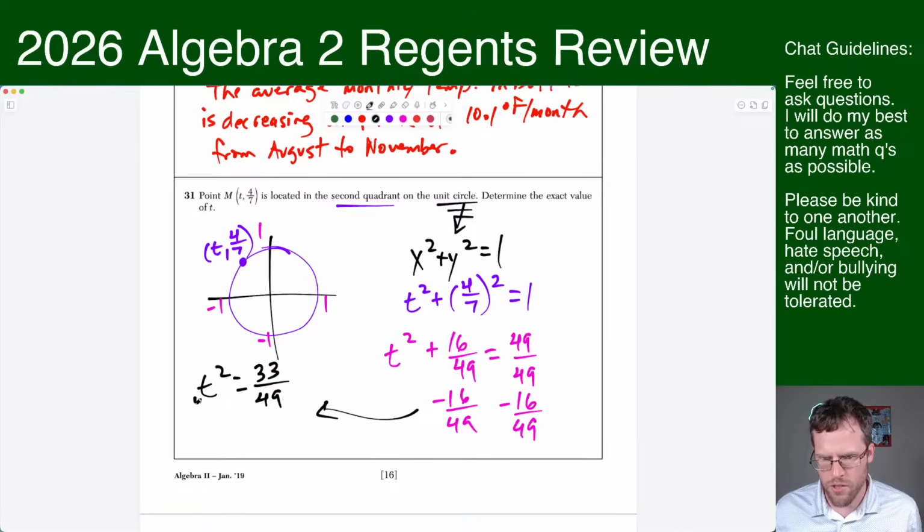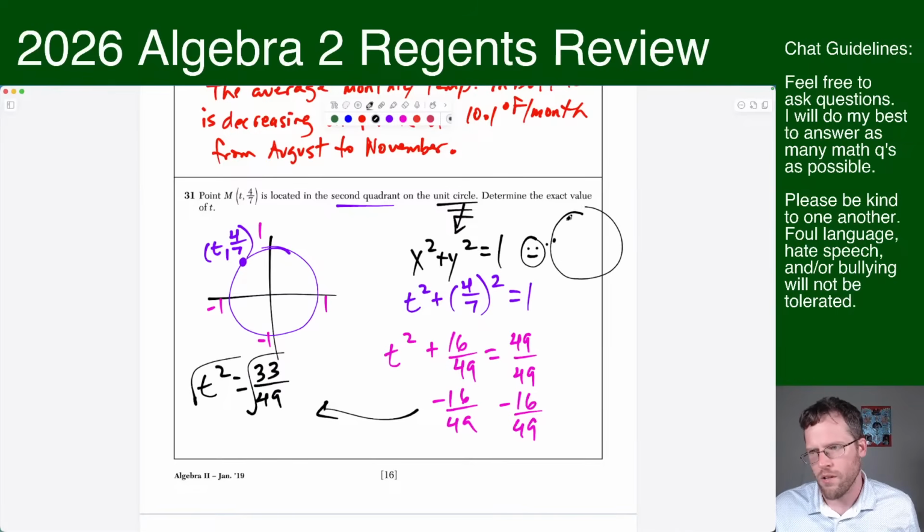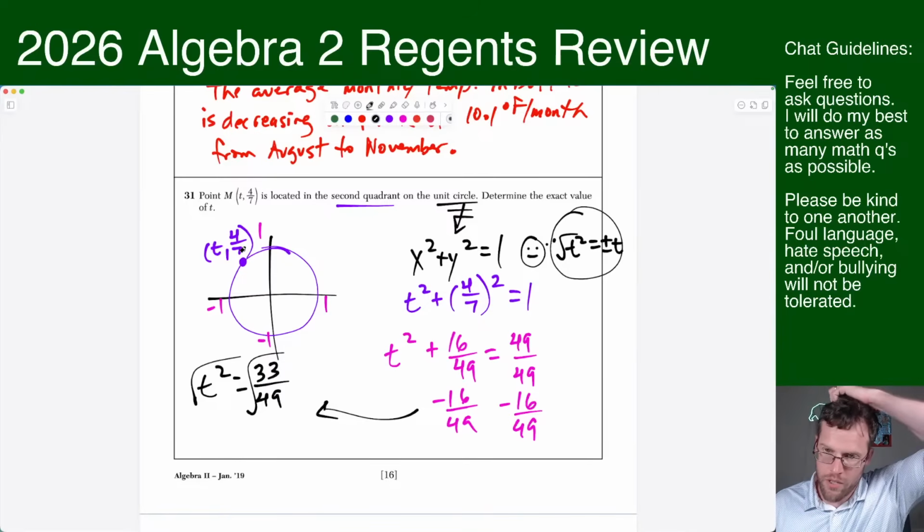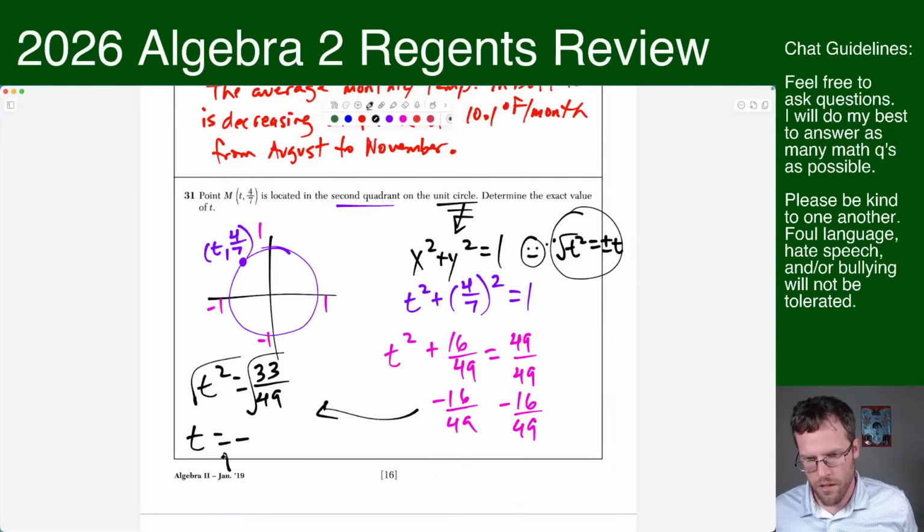Okay, and then from here, I take the square root of both sides, but be so careful here. Remember, the square root of t squared is not t, it's plus or minus t. And since t is the x value and we're in the second quadrant, t is actually going to be negative, because point M is in quadrant 2.